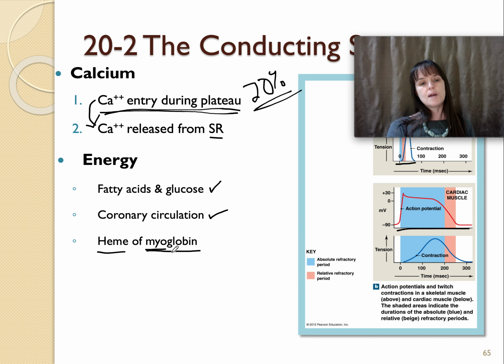Okay, well, this is myoglobin because it's in the muscles. And it'll be the same thing. There's a heme with an iron and that can bind an oxygen. And so myoglobin is oxygen storage. It's found in the cardiac muscle cell, but it's also found in the skeletal muscle cell, which we largely overlooked last semester. Now you know.